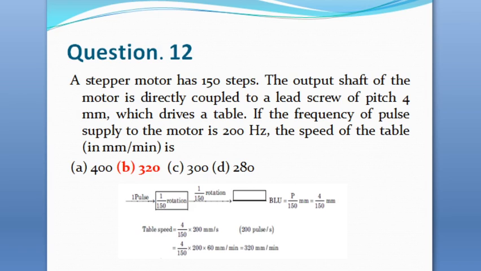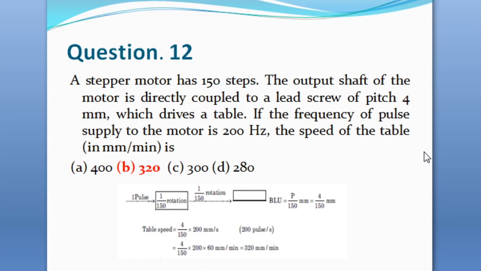We have to calculate the speed of the table in millimeter per minute. What are the values given? 150 steps, pitch value 4.